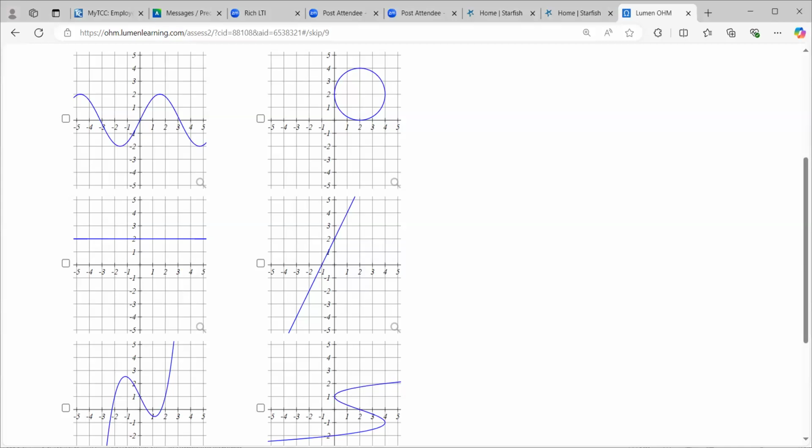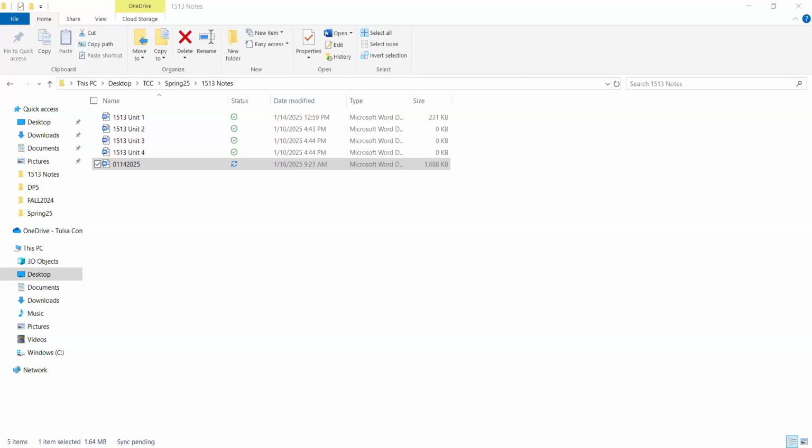Then I would have to stop sharing the website and share my OneNote.